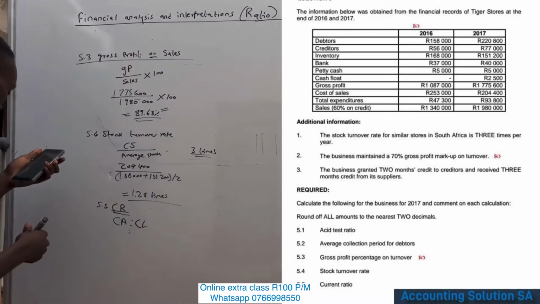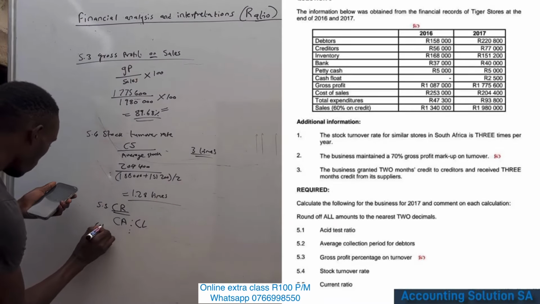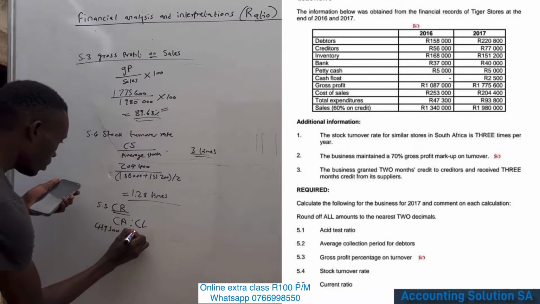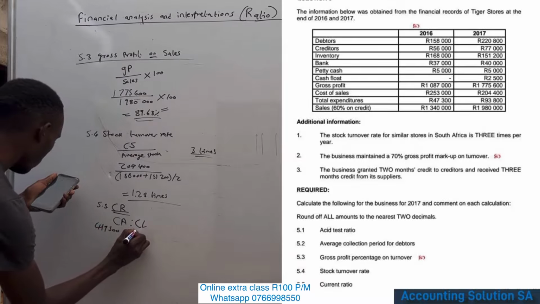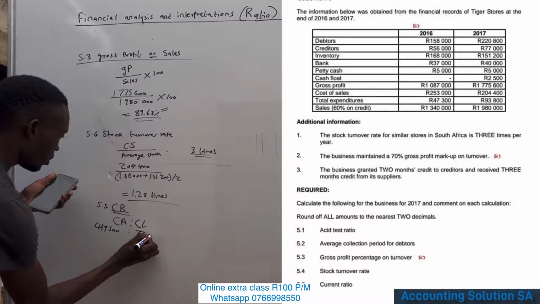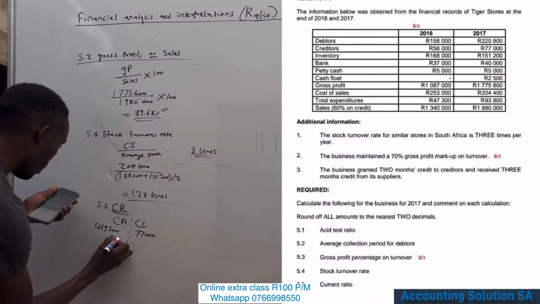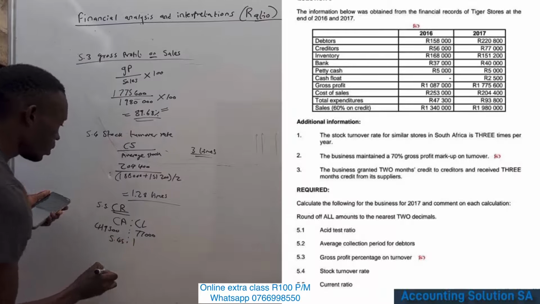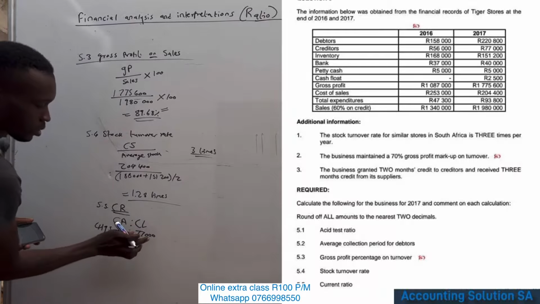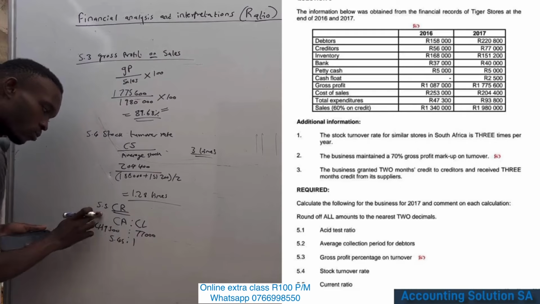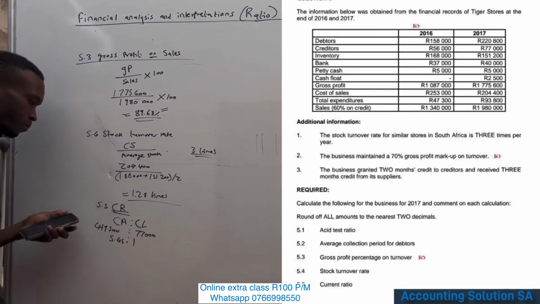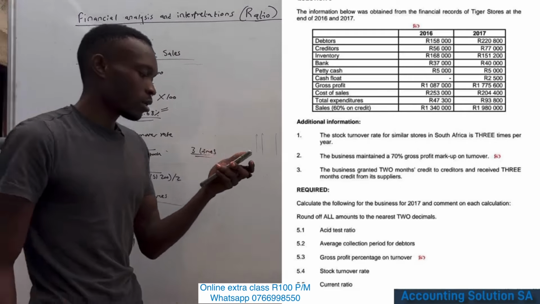It's gonna be 419,500 is to 77,000. Okay, and the answer for this one is gonna be 5.45 is to 1. You take this one divided by this one, it gives you 1. This one divided by this one gives you this one. So what about the comment for this one?